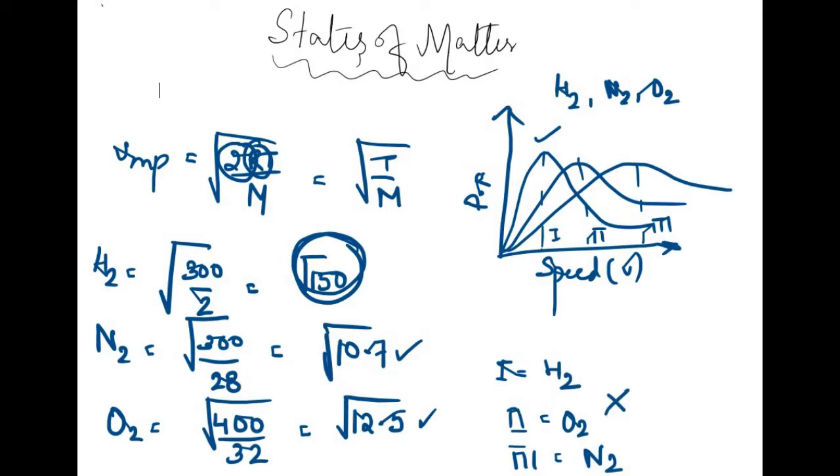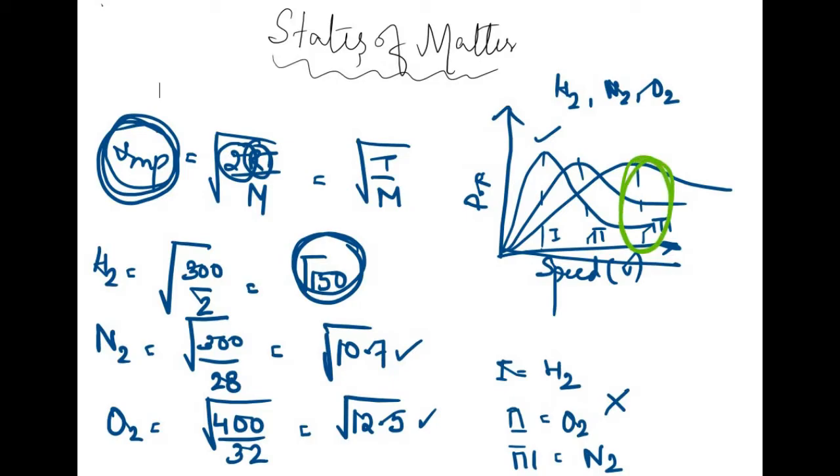Why? Because we have analyzed what? We have analyzed the speed, right? So the value of speed should be highest. Now which coordinate depicts your speed? The x-axis. So if the x-axis is depicting the speed, then the value of speed is highest in which one?